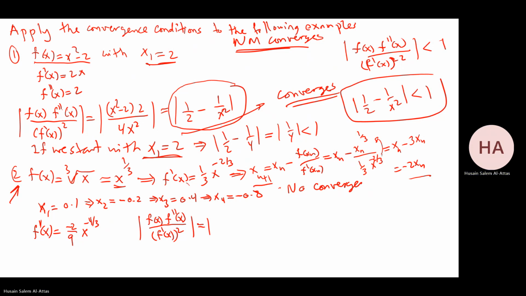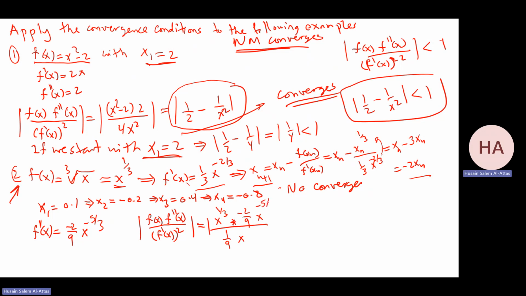Okay, so I have f, which is x to the power 1/3, times f double prime, which is minus 2/9 x to the minus 4/3, over this one squared, which is 1/9 x to the power, no, sorry, this is not 4/3, minus 5/3. Yeah, so this is minus 5/3.